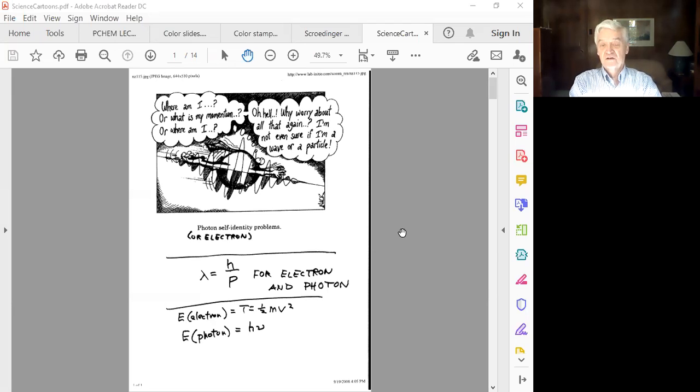We also saw that you could have the energy of an electron be just the same as for a car, the same formula, 1/2 mass times velocity squared. And we also saw that the energy of photons is Planck's constant times the frequency. So the experiments we looked at, we first talked about atomic spectra.